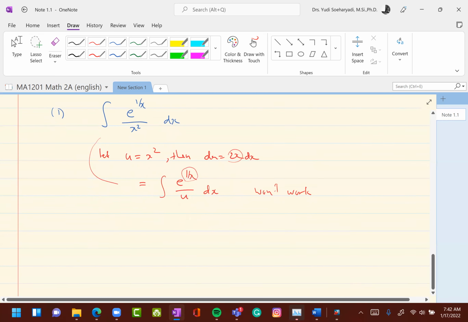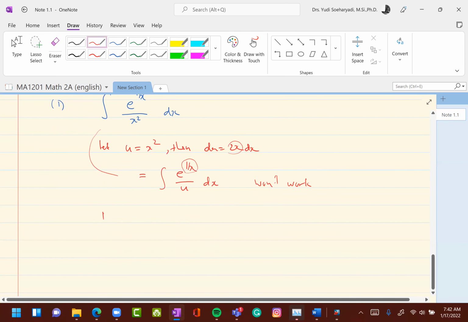Okay, so then let's do the other option. Now if we choose u equal 1 over x, you get du equals negative 1 over x squared dx. So you see that you have this one, dx over x squared, so that is part of the integral.